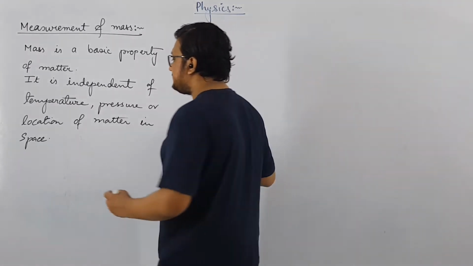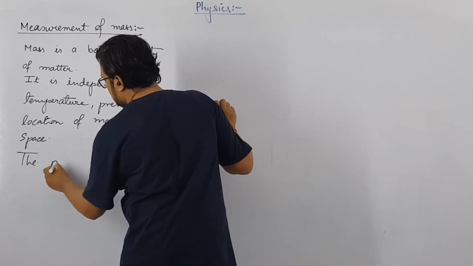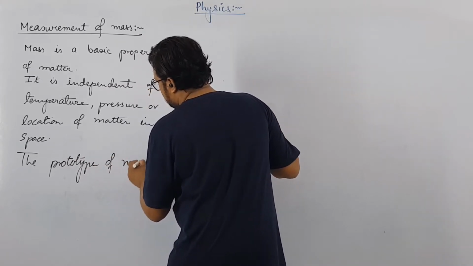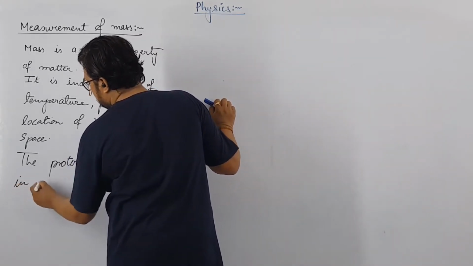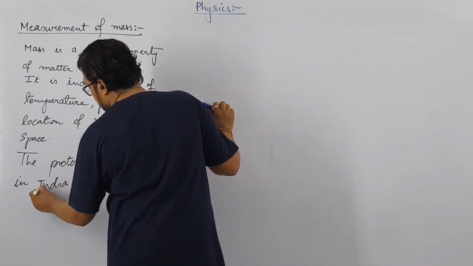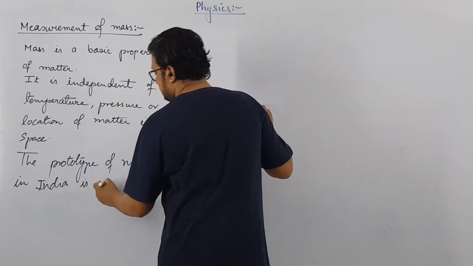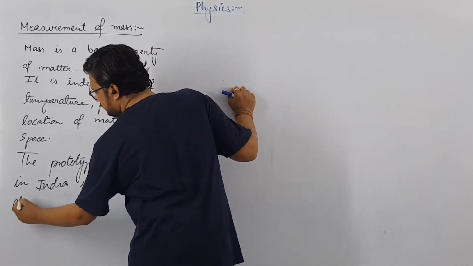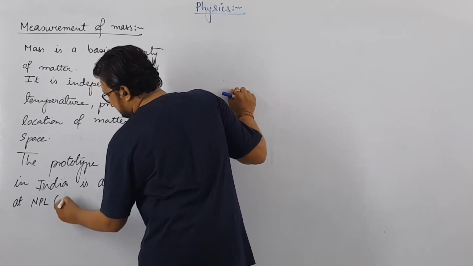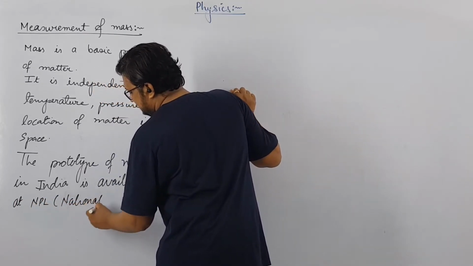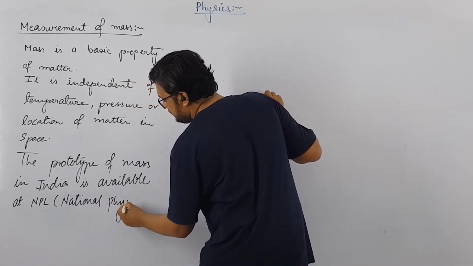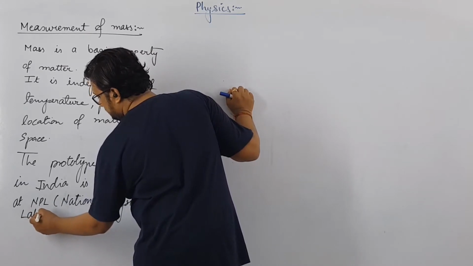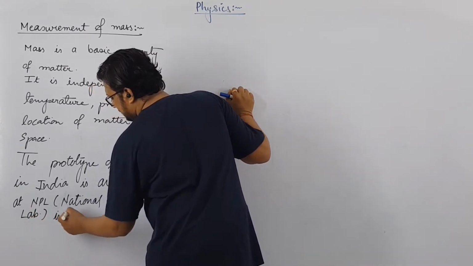So the prototype of mass in India is available at NPL, that is, the National Physical Laboratory in New Delhi.